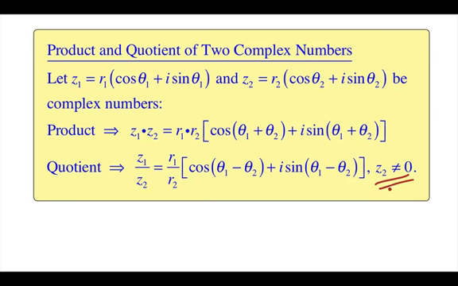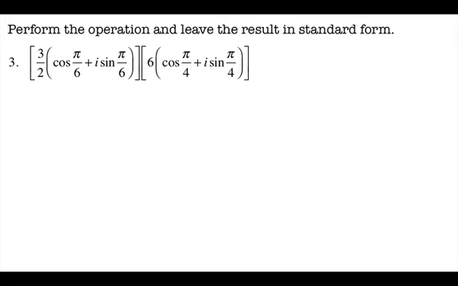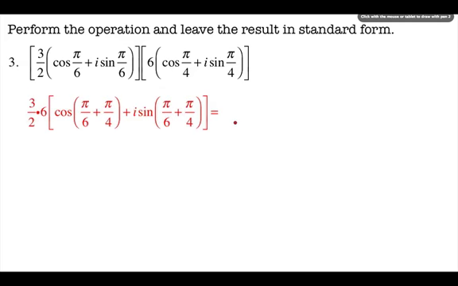Next slide. Apply these formulas. Perform the operation and leave the result in standard form. This is standard form, what you see here, cosine, sine, whatever. So if I use the formula, this is what I need to do.